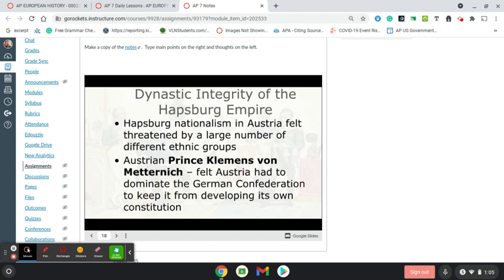Metternich, being a noble, of course, backed the idea of the status quo. And so he wanted to use Austria to try to dominate some of the other German states to thwart any attempt at developing a constitution. So the ruling family of Austria tried their best to protect the conservative order.